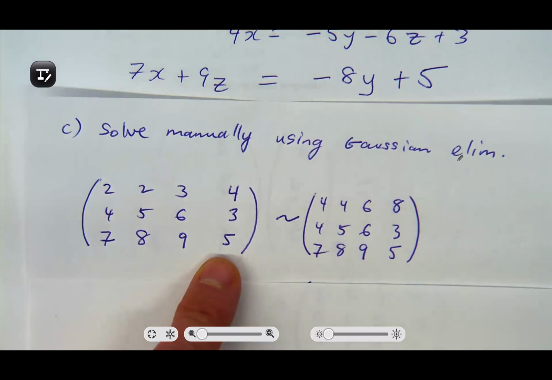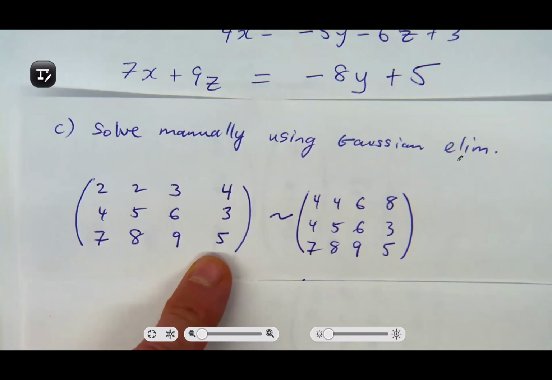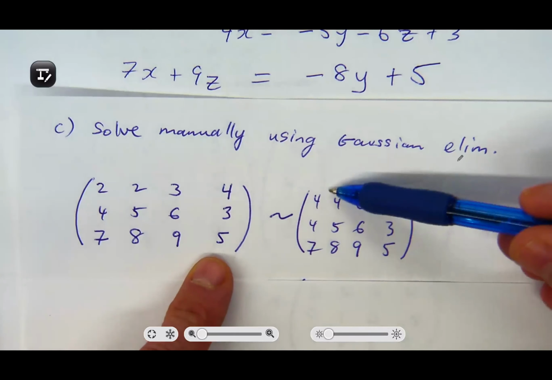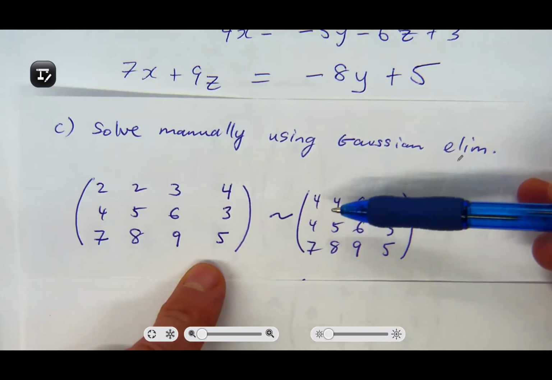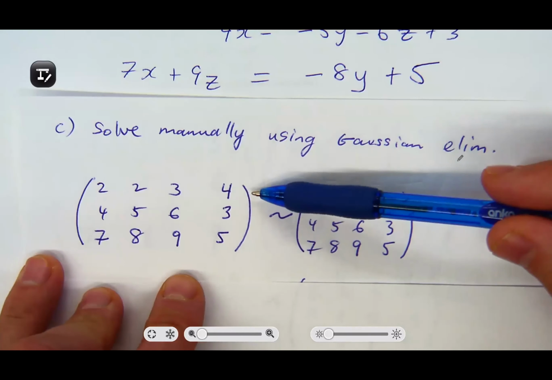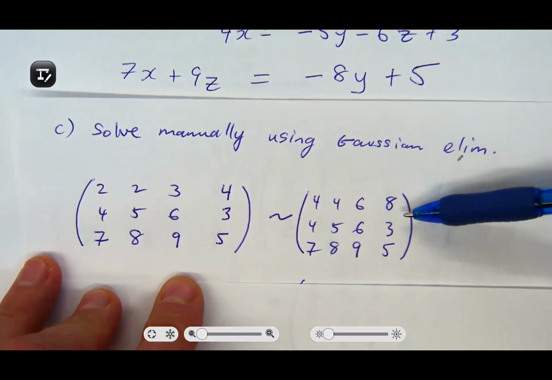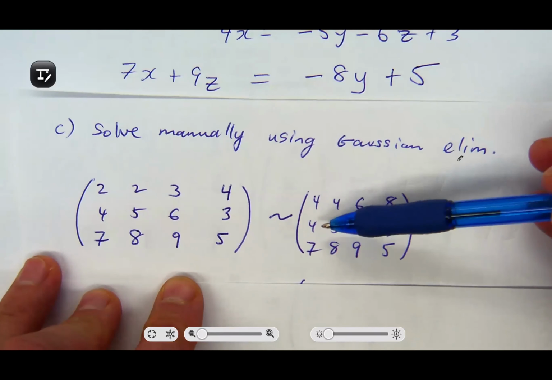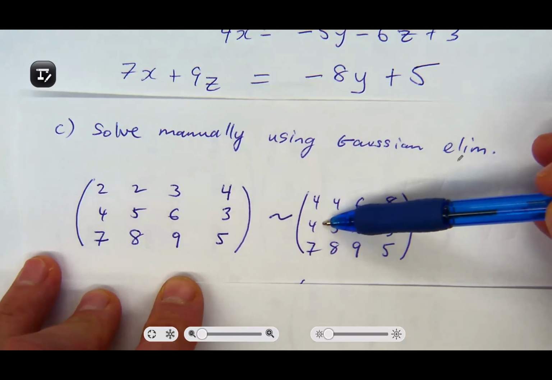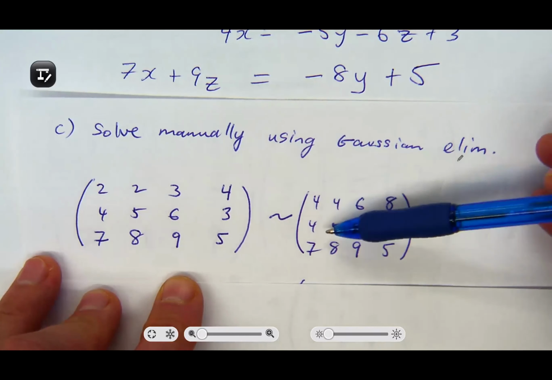All right, and so the way I do that is in my row operations, you see, here's an example. What I've done in the first row is I've multiplied that row by 2. So I have 4, 4, 6, 8. And the reason I've done that is because I want the number that's in the position in the first column and second row, I want that to be a 0. So I want to be able to subtract these two.